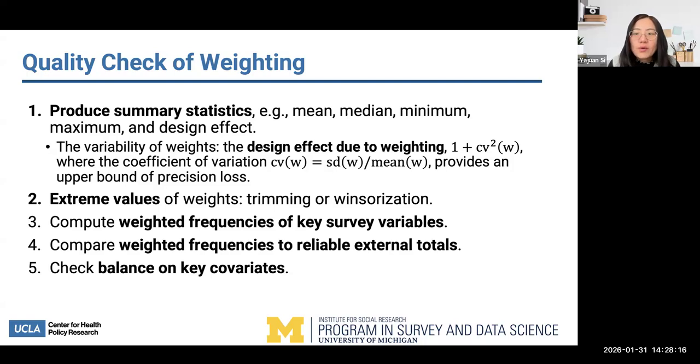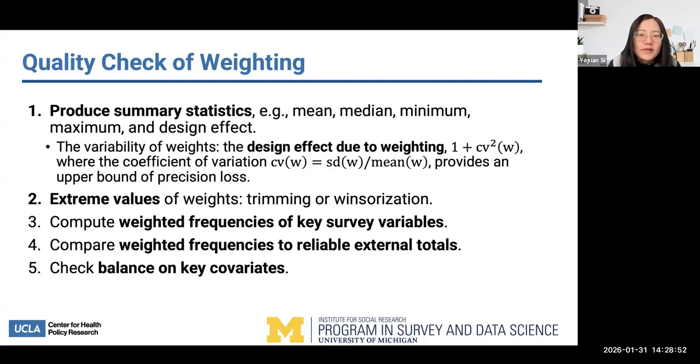We use this formula: 1 plus the squared term of the coefficient of variation of the weights. This is an upper bound of precision loss because this calculation assumes that the weights are independent of the survey outcome of interest. Anyway, it gives us a conservative estimation of the precision lost due to weighting adjustment.